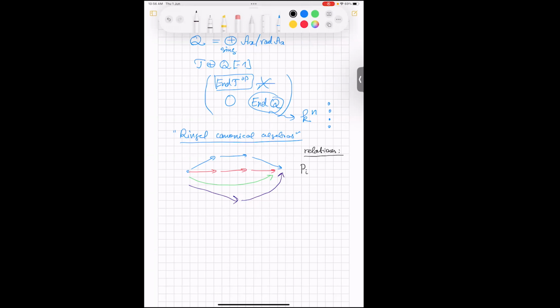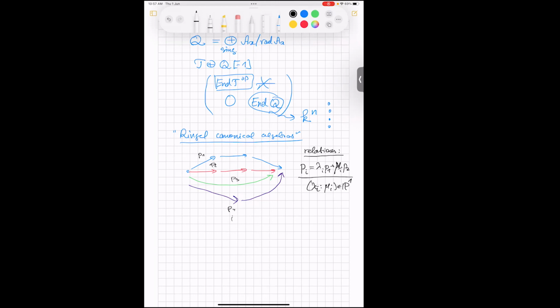Pi, P1, P2, these are these paths. This path P1, path P2, path P3, path P4, and so on. Pi equals lambda i P1 plus mu i P2, where lambda i, mu i is again some point of P1.